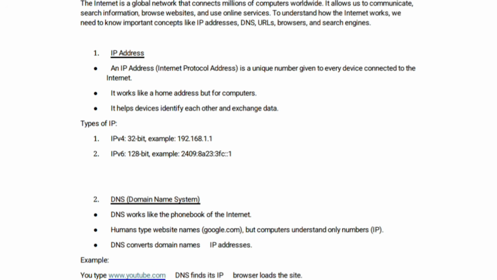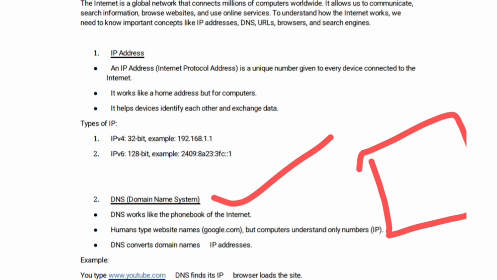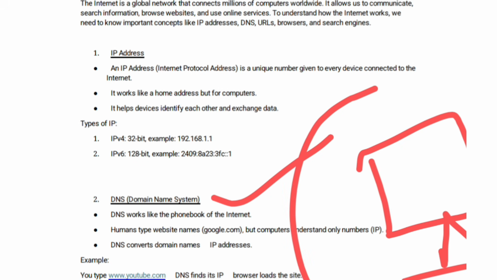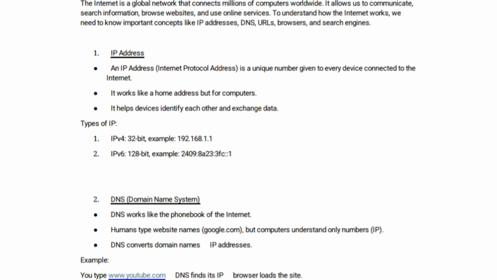Next you have DNS. DNS stands for Domain Name System. Humans type website names like google.com, but each has a unique IP address.